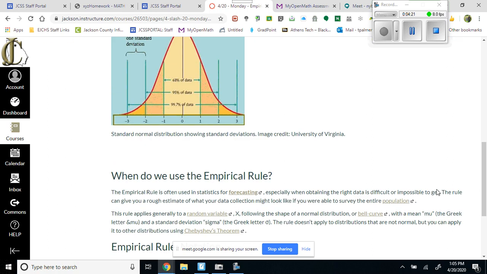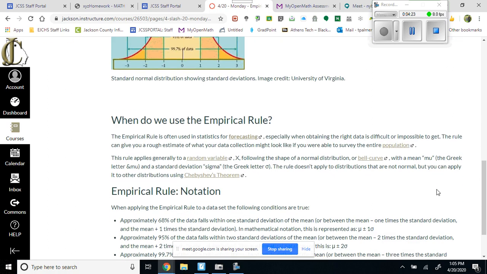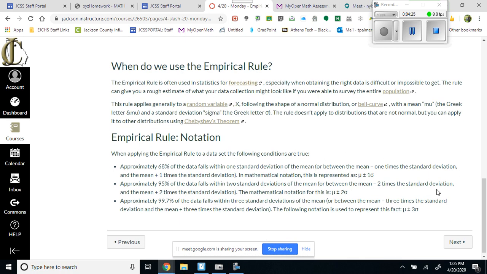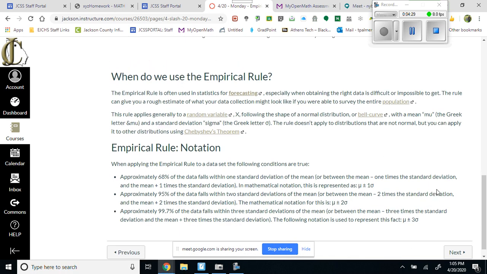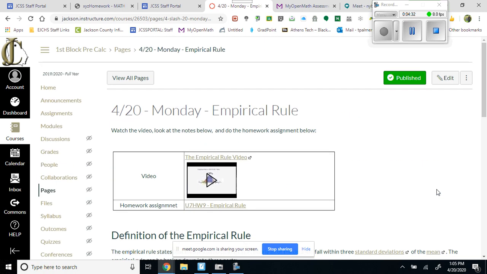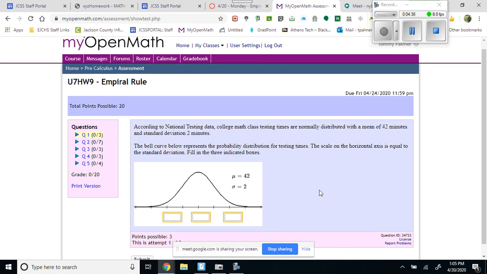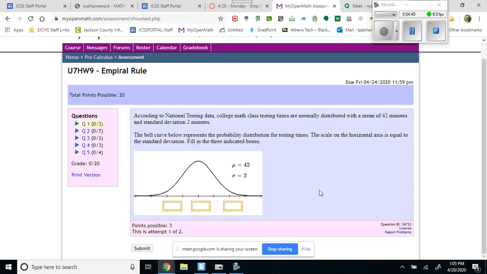They talk about vocabulary and give you more background information, and it's pretty good. So I would read that plus watch that video. But your main thing is you only have five problems for the empirical rule, because I want you to be able to put things in place.